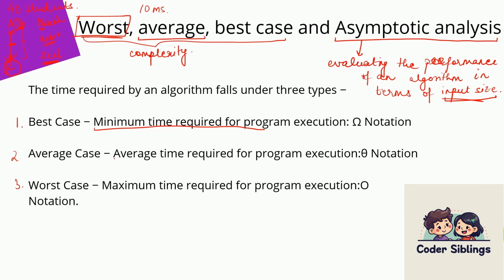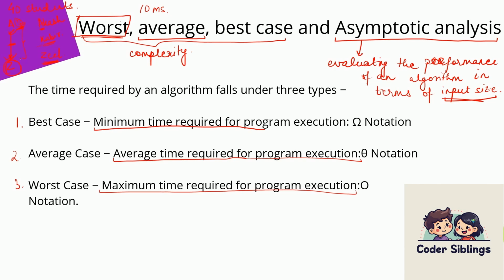Similarly, average case will be the average time required for a program execution. In this case, finding the name Kabir from this list will be an average case complexity, and worst case will be the maximum time required for the program execution. It will be finding out Zeal because it will be located at the last roll number.